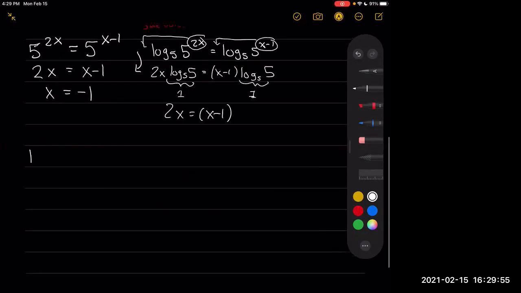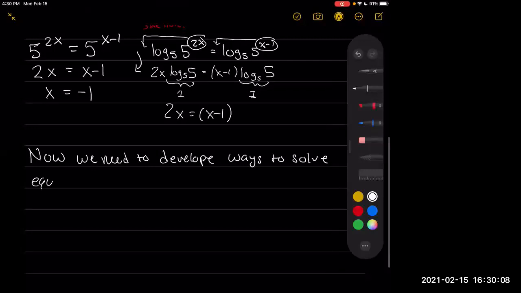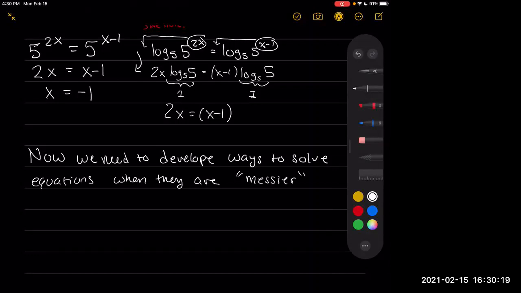So now we need to develop ways to solve equations when they are messier than the examples above.